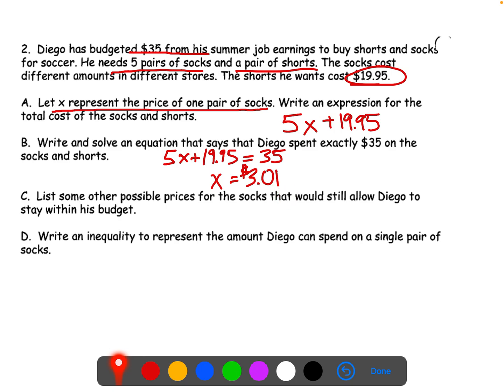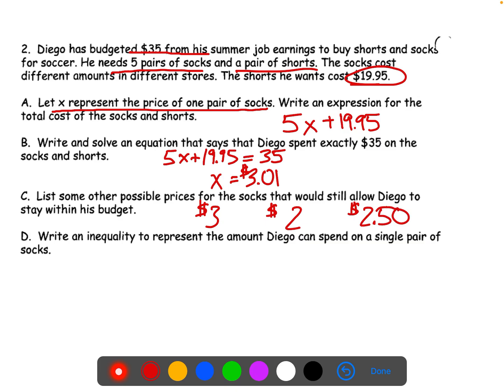Well, that would set him over his budget because he's paying more per sock than what he's able to. We want to go less than that. So some other possible prices, well, he could pay exactly $3, or $2, or $2.50, or a million other possibilities.